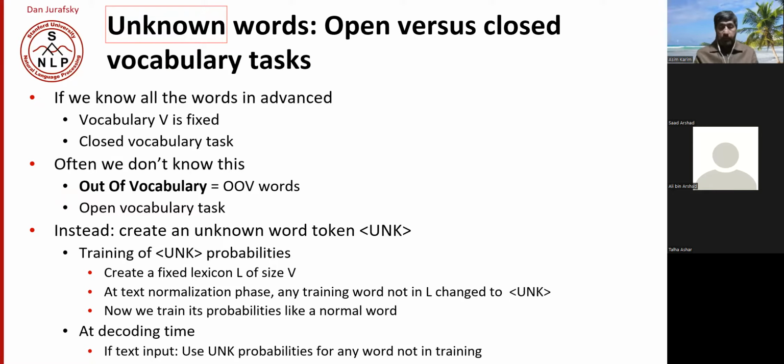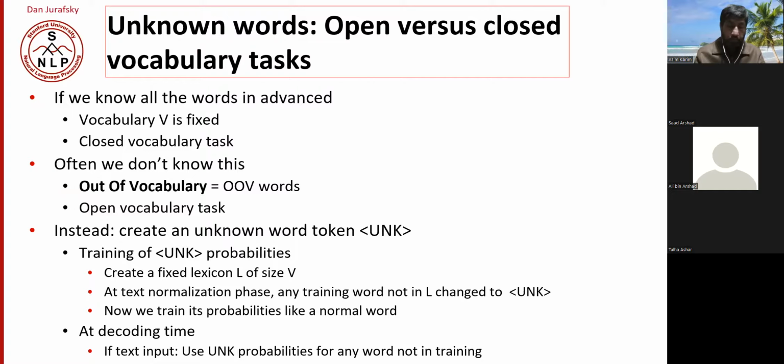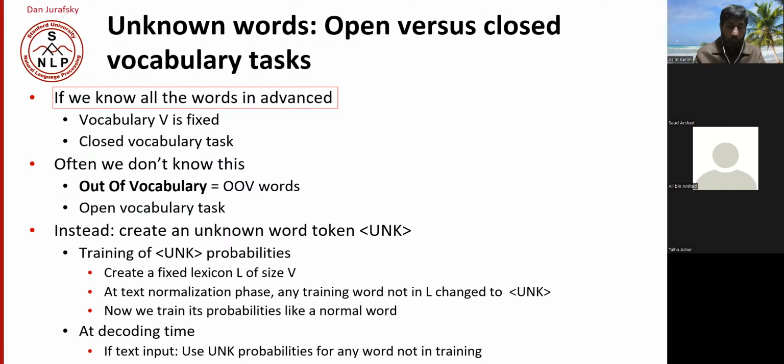Another issue that arises, and that is a cause for the zeros issue, is the issue of unknown words. So what is the unknown word? Sometimes it's also called the OOV problem, out of vocabulary problem. What does that mean? You have a training set, and from the training set, you have developed a vocabulary.